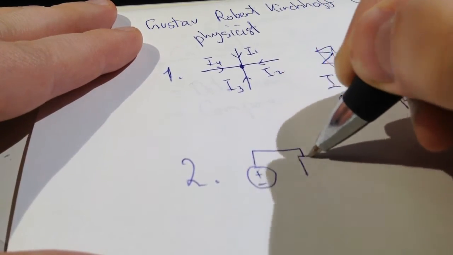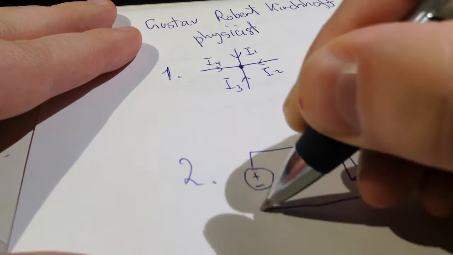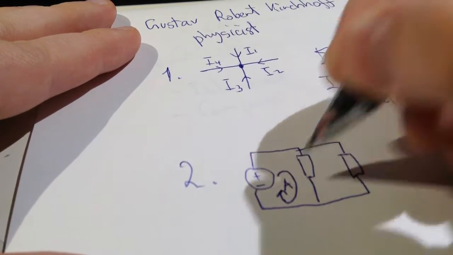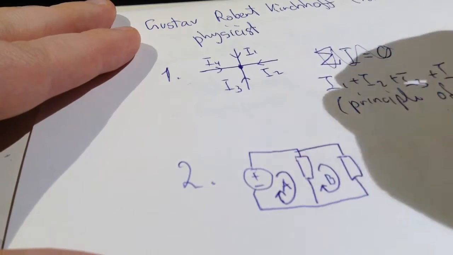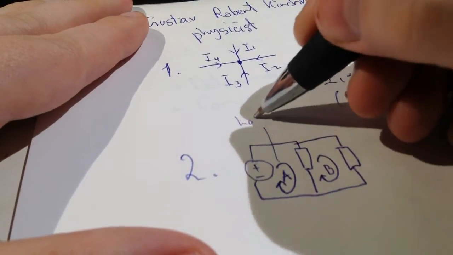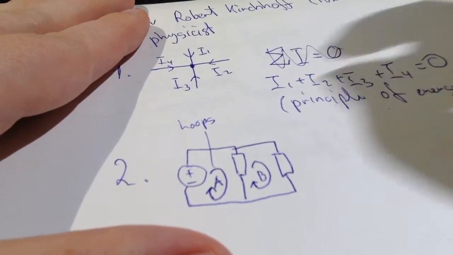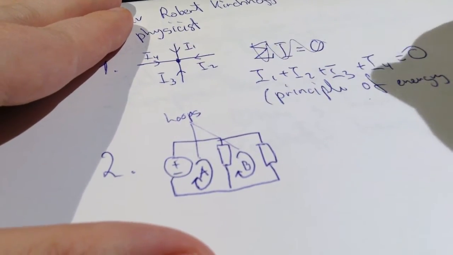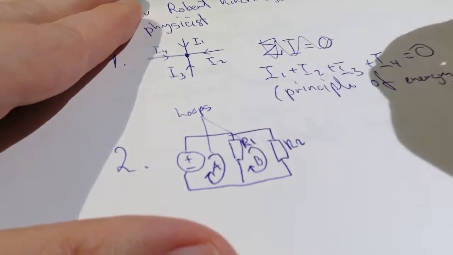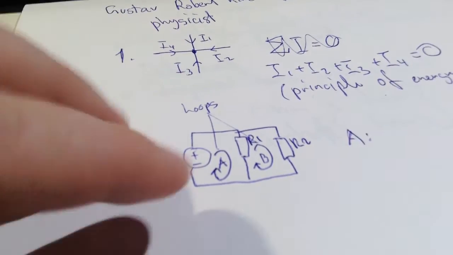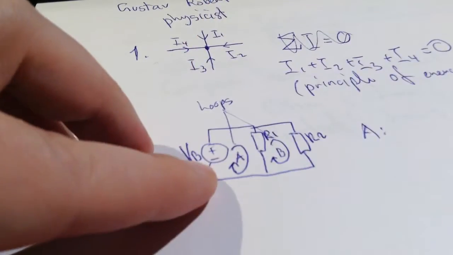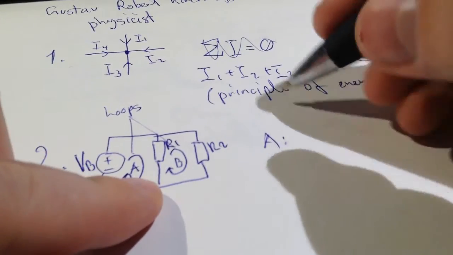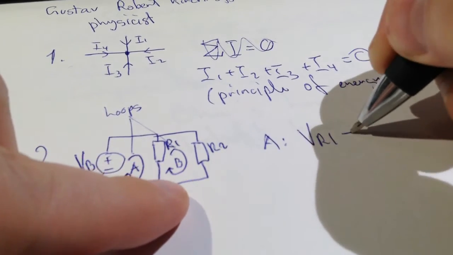And the second law is loops of voltage drops. So for each loop here, you can calculate the sum of voltage drops in a loop equals 0. So it's almost the same principle.